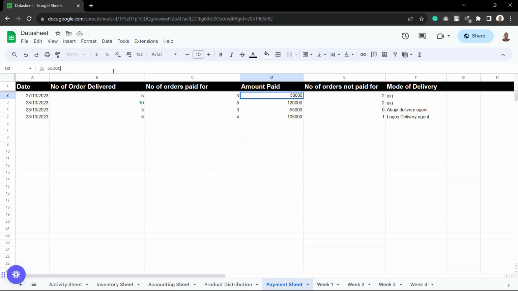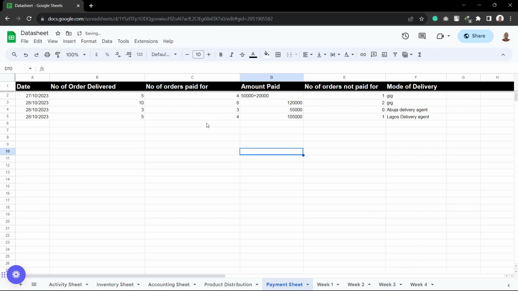So you just add plus 20,000 here. The number of orders that are yet to be paid for will reduce to one, and the number of orders that they've paid for will now be four.